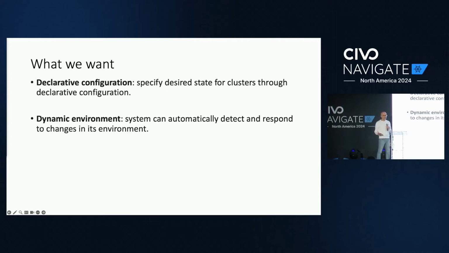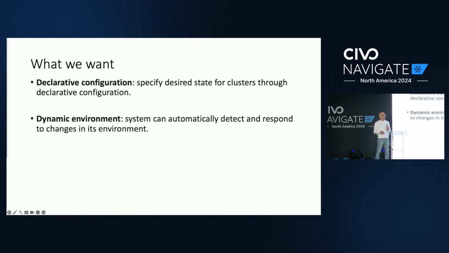That sounds very familiar if you have written a Kubernetes controller. That's pretty much what they do. You tell it what your intentions are, and the controllers move toward reaching your goals. And we also want a system that can automatically detect and respond to a variety of events.